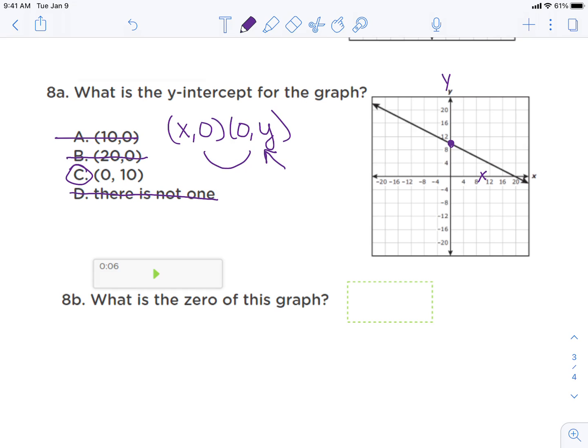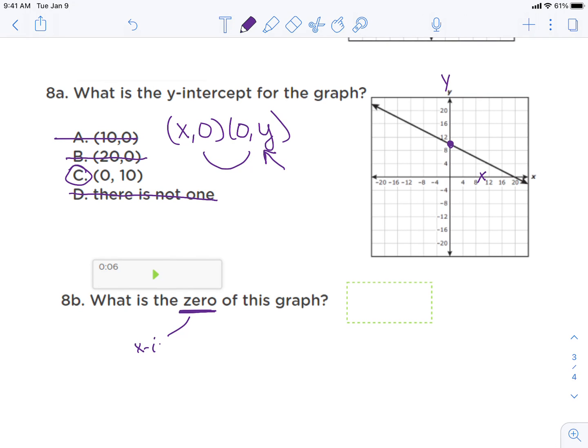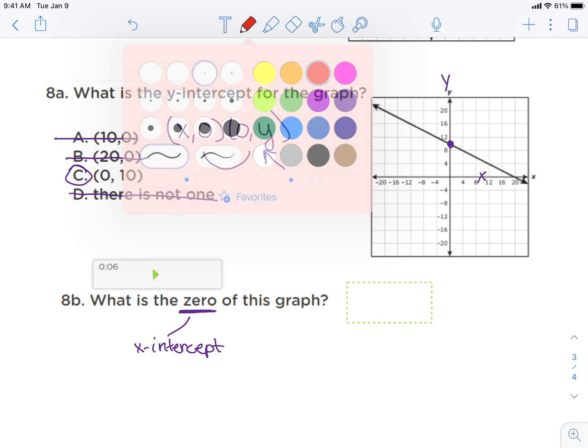Now, B is saying what is the 0 of this graph? Remember, another word for 0 is x-intercept. We want to know where does it cross the x-axis?